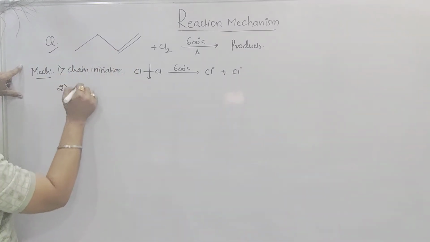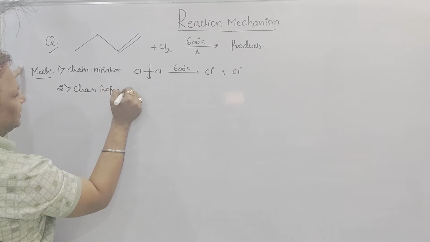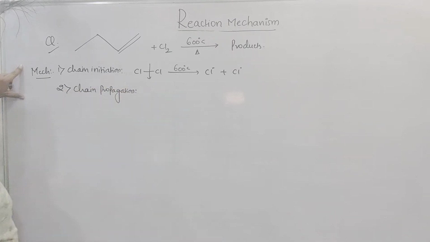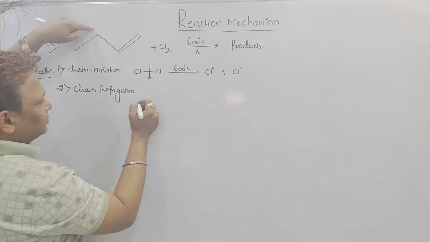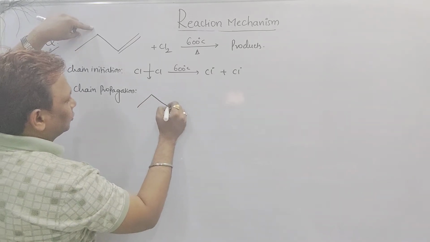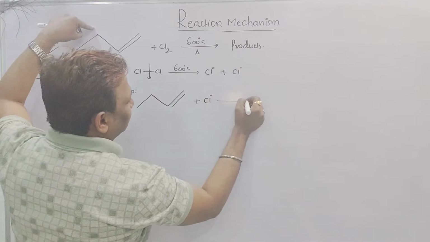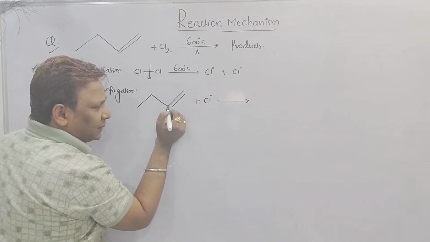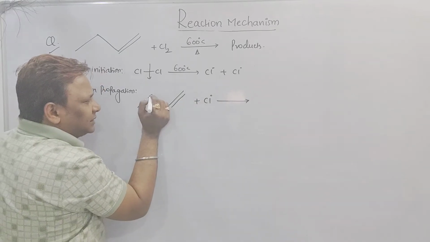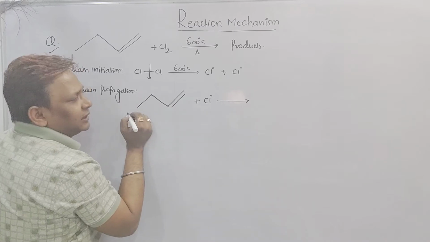But what is the second step? Sir, chain propagation. Chain propagation means the product is there. Once you see the 1, 2, 3 double bond, Cl radical will attack over it. Carbon is double bonded with carbon, and this carbon is bonded with H here and this carbon bonded with H here.